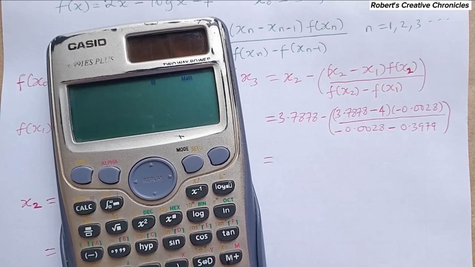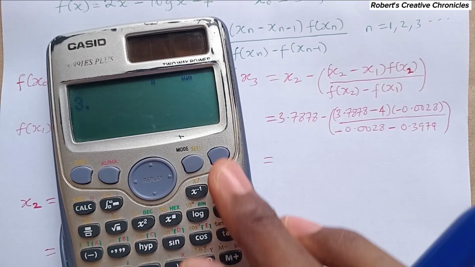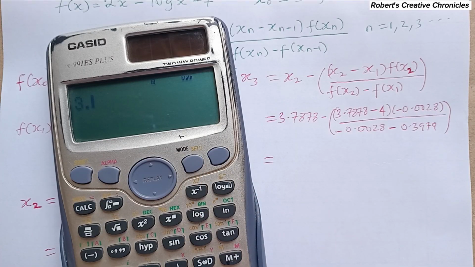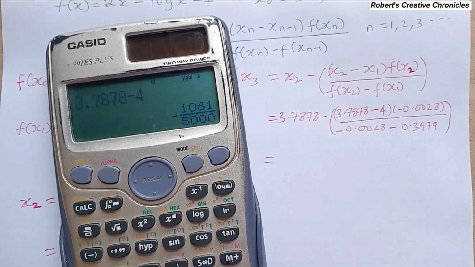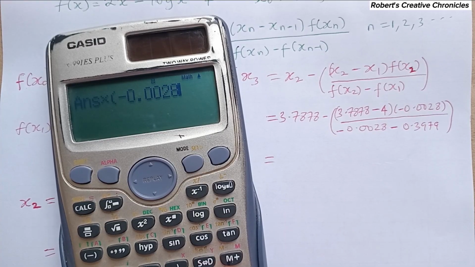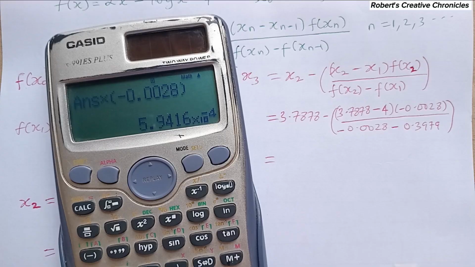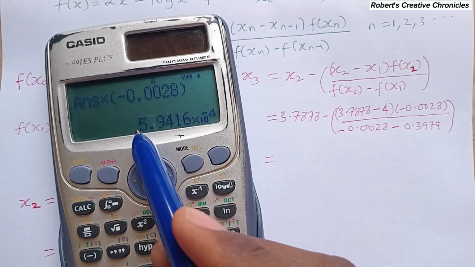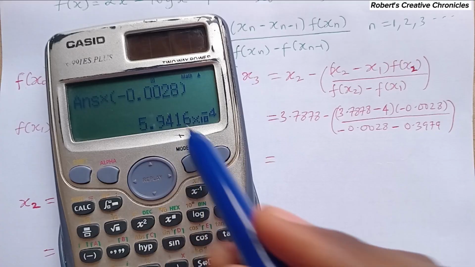So let's put the numerator to be 3.7878 minus 4 times negative 0.0028. So this will be 3 zeros before 5, which is approximately 6.